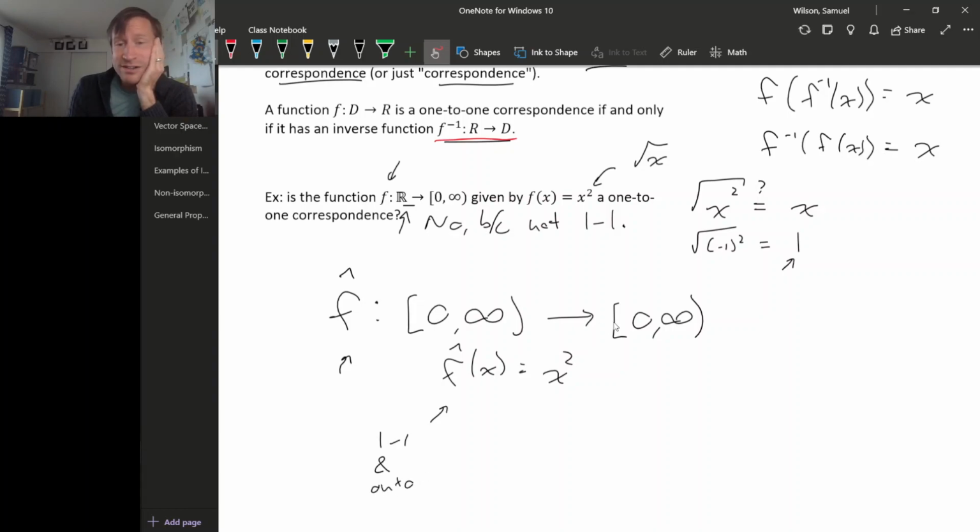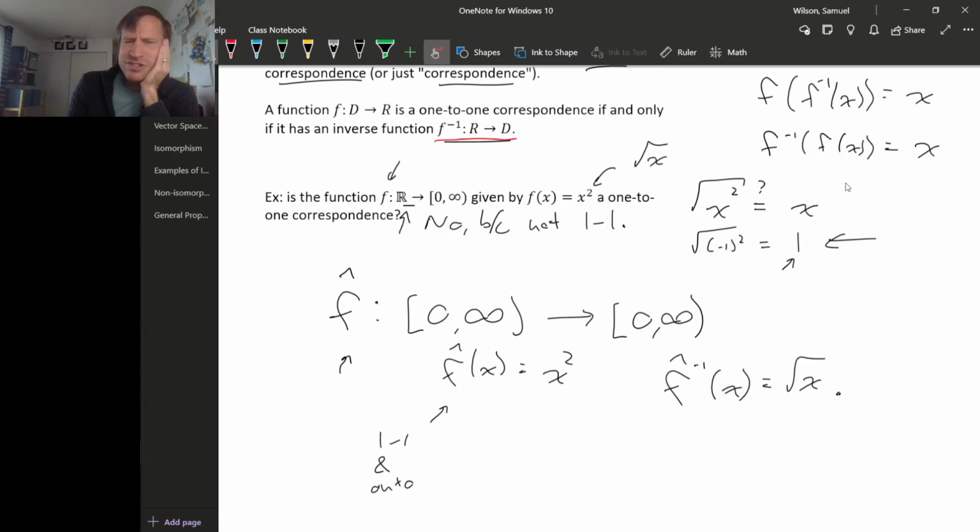Right? It's clearly onto because every positive number is the square of something. And now it's one-to-one because we've thrown away all of the negative values, which is what was ruining our one-to-one-ness earlier. And we can even write down the inverse, right? The inverse for this function is just the square root function. Because we've thrown away the negative inputs, this problem never happens.